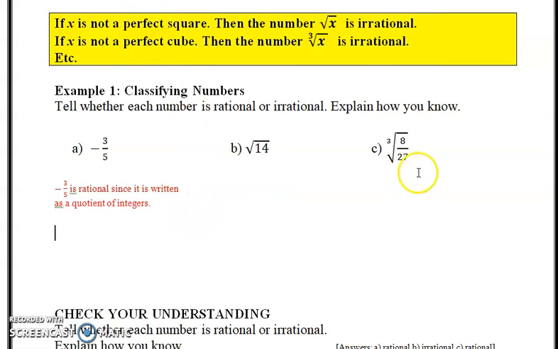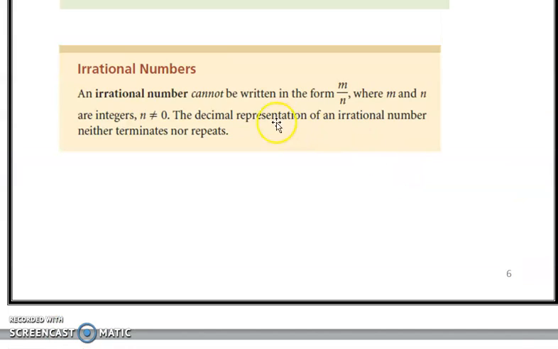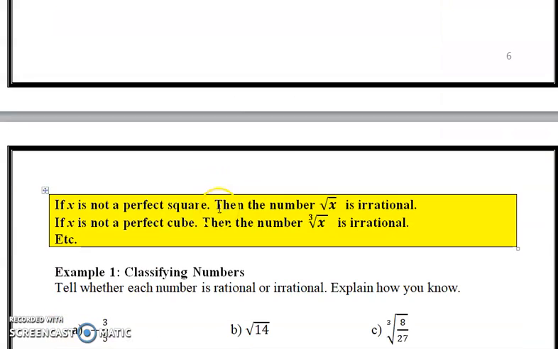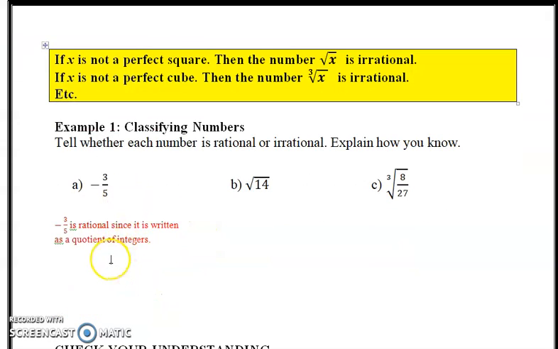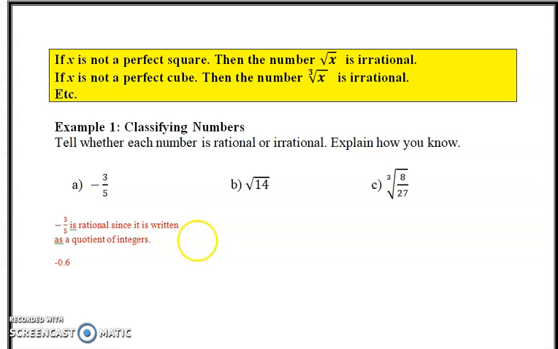All right. Another way, remember the definition: the decimal representation of an irrational number neither terminates nor repeats. So if we took the decimal of this and put that in a calculator, we would get negative 0.6, right?